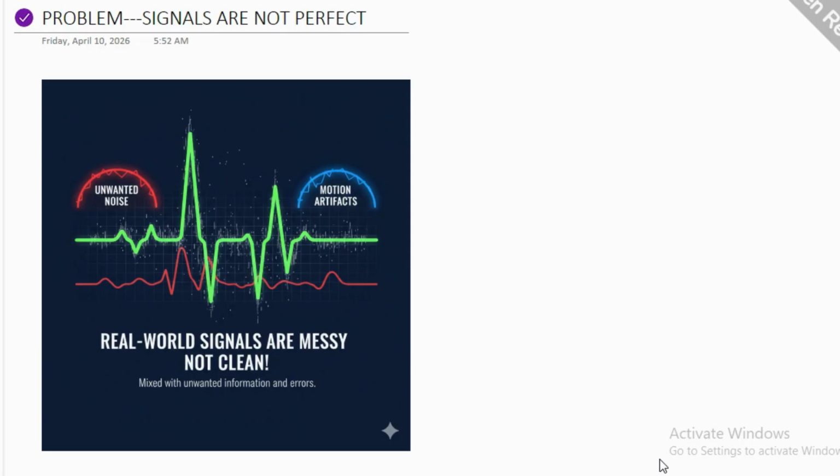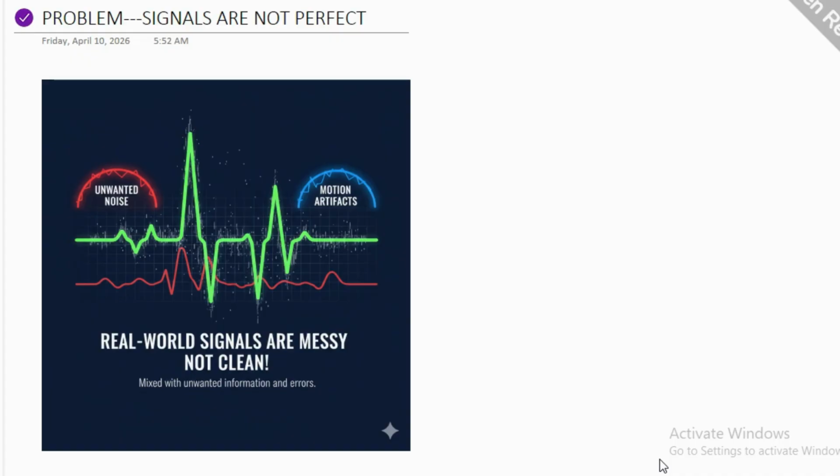So let's go deeper and understand this. When a machine records a biosignal, it is just raw data, so it does not know what is important and what is not. Signal processing acts like an intelligent helper.